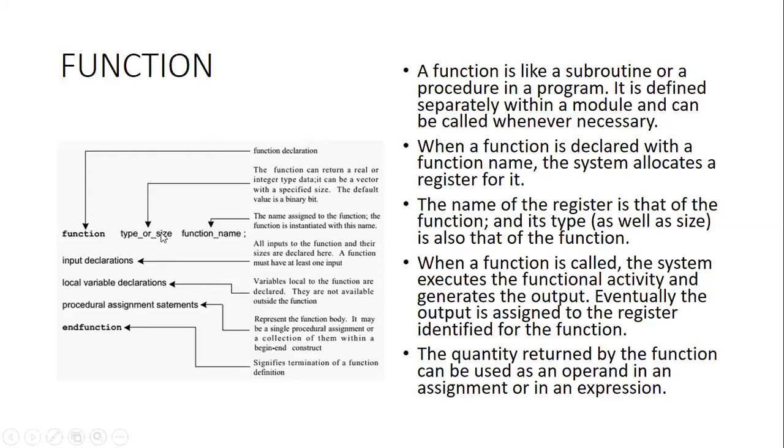If it is integer, this is optional; there is no need to mention it. Then we have the function name. Inside the function, we will have input declarations, local variable declarations, procedural assignments, all the logic involved. Then you write end function. But this function should be defined within the module, before the end module.